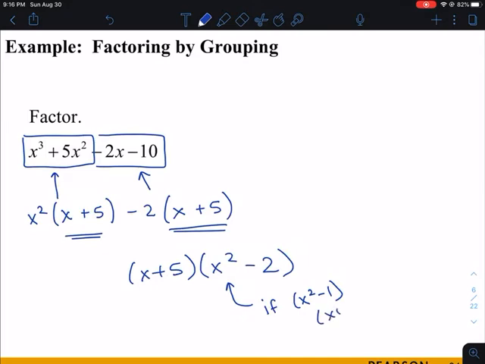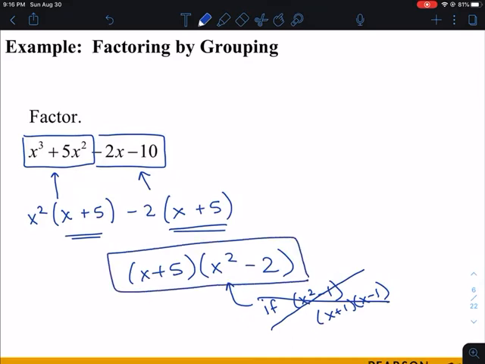Special case meaning you would have had an x plus 1 and an x minus 1, since we just went over multiplying some of our special binomials, we end up with a special type of answer. So if that's an x squared minus 1, x squared minus 4, x squared minus 9, etc., that would be one of those special cases you'd have to watch out for. Since that is not the case, we don't have to worry about that. This is our final answer.